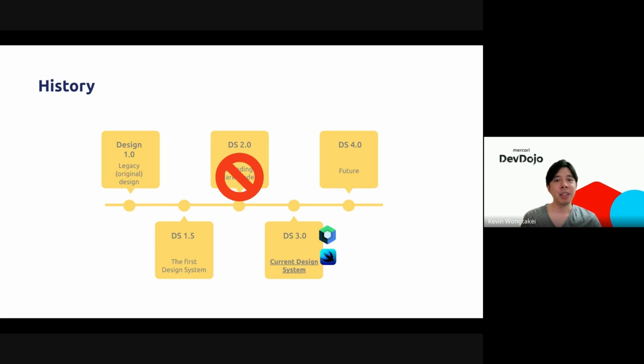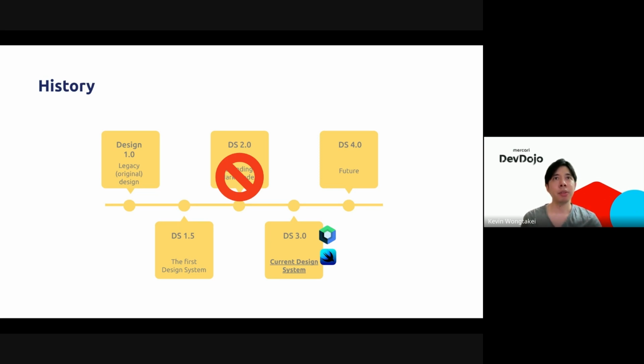And as you see next to the bubble, design system 3.0 is characterized by being based on the latest technologies of iOS and Android, such as SwiftUI and Jetpack Compose. So it is made to work a lot more seamlessly with this kind of declarative code.